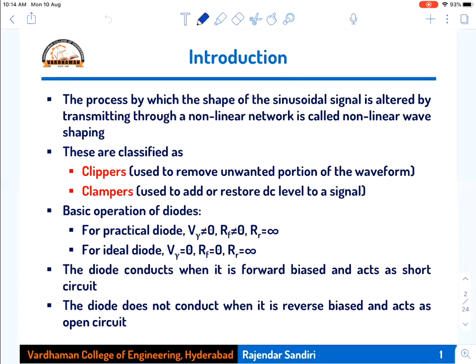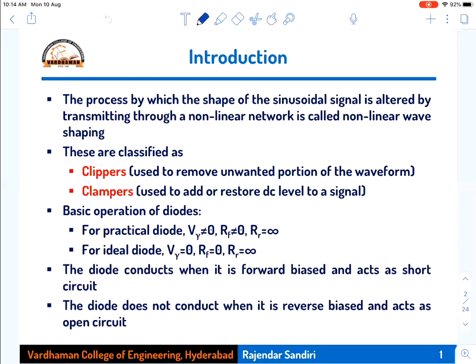That means if you want to analyze the operation of a clipper circuit or clamper circuit, the most important element in these circuits is a diode. So to analyze the operation, you should know how the diode behaves for forward biased and reverse biased voltages. If the anode voltage is greater than cathode voltage, then the diode is said to be forward biased.